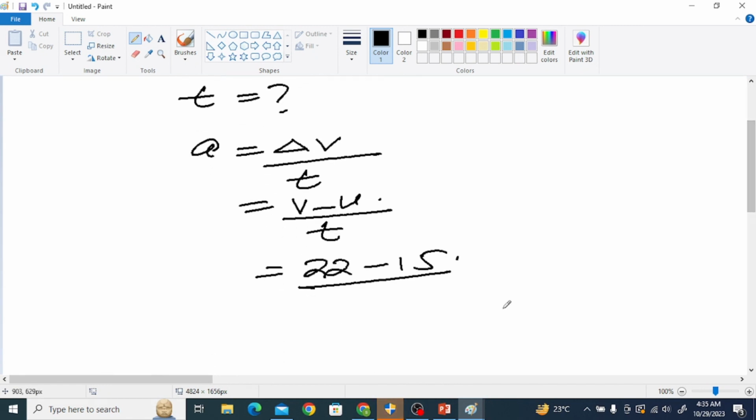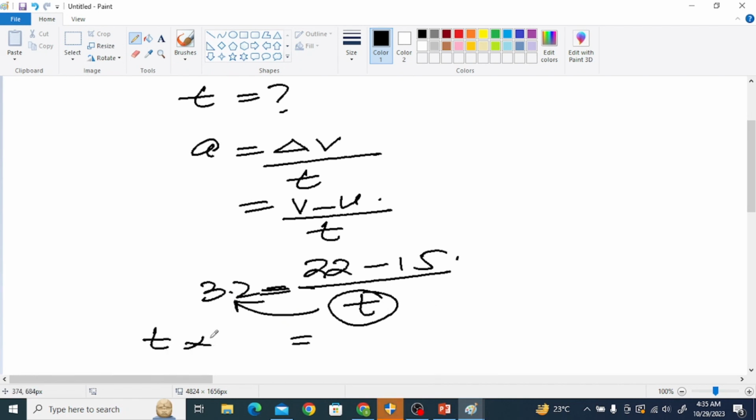The time interval for this is required, so t is required, and we are given the acceleration as 3.2 meter per second square. Because you have to find the time, which is in the denominator, when you shift it to the numerator on this side, it will be t multiplied by 3.2, and 22 minus 15 will give you 7.